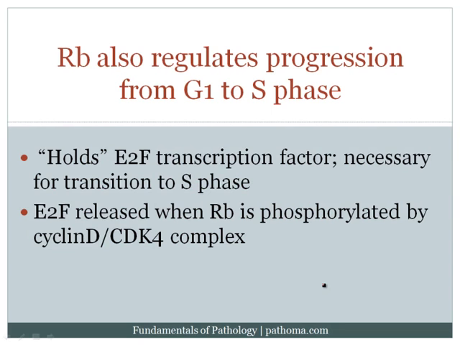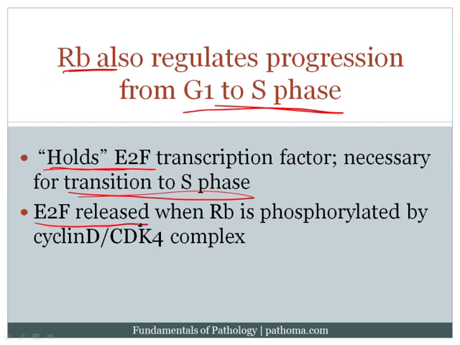So let's go back and read. So retinoblastoma regulates progression from G1 to the S phase. Retinoblastoma holds the E2F transcription factor, which is necessary for a transition to the S phase. Normally, E2F is released when retinoblastoma is phosphorylated. And who phosphorylates retinoblastoma?